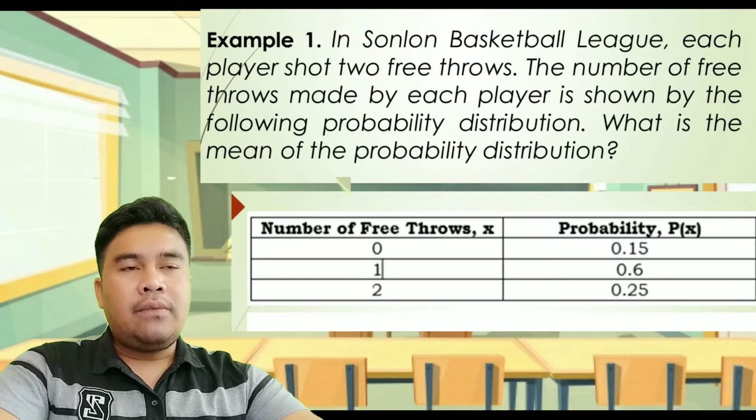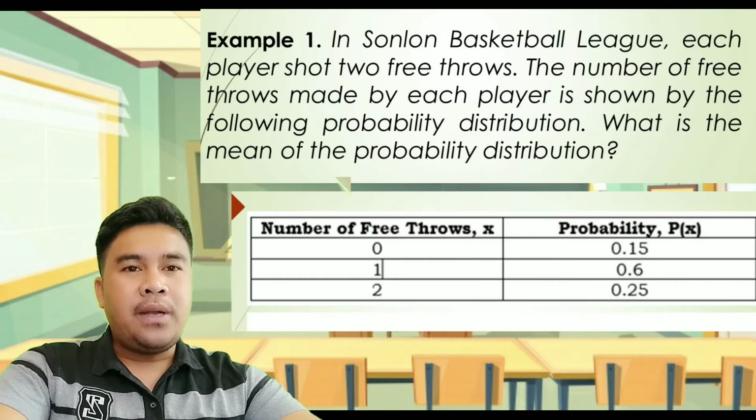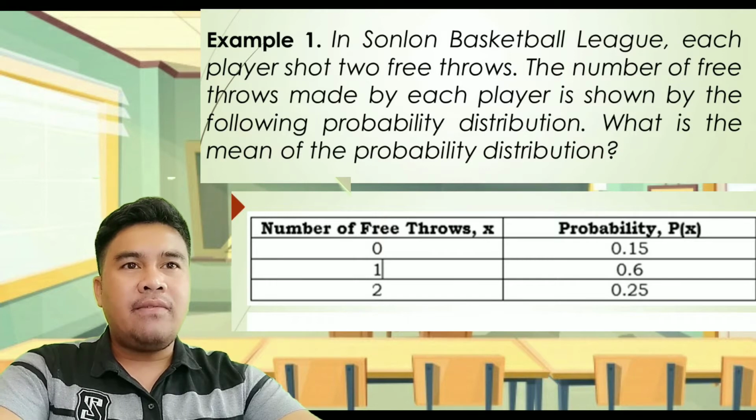As you can observe in the table, the first column is the number of free throws, which is our x, and the corresponding probability, which is p of x.